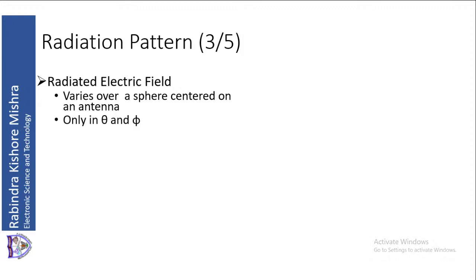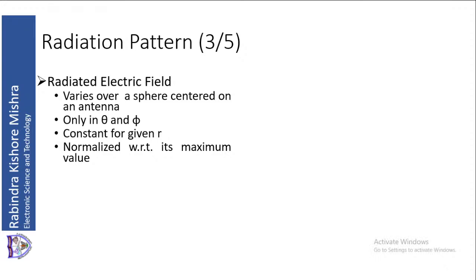This varies only in theta and phi, not in r. We are not considering r because once you fix r, we vary theta and phi to see the variation of the electric field over space. And this remains constant for a given r. The radiated electric field remains constant for a given r.